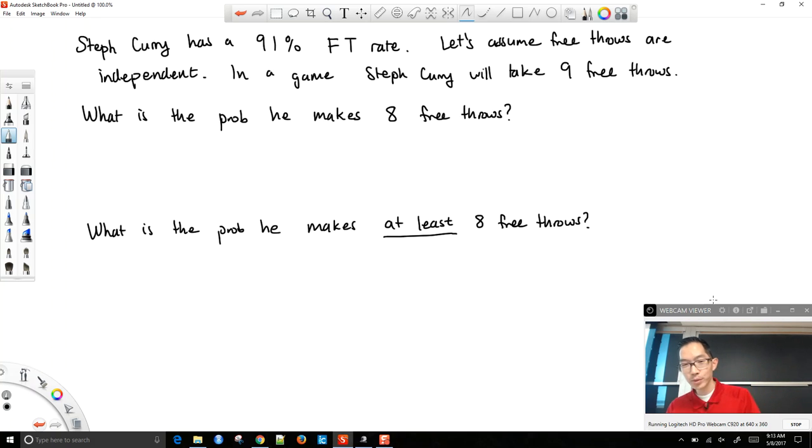Maybe we'll make a clicker question out of the second problem here. You're going to have to do the first one in order to get the second one anyway. So work on both of these questions, and let me put up some answer choices for the second one for clicker points here. But I've got to figure out some good answer choices.